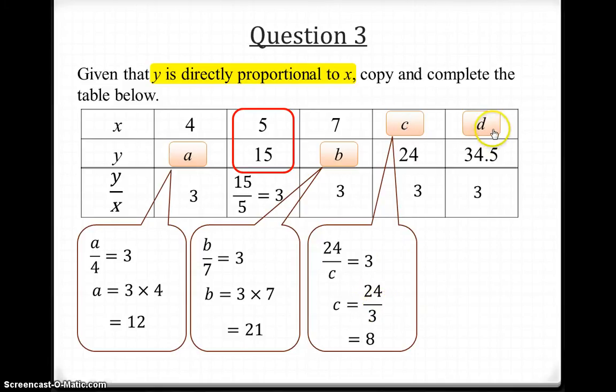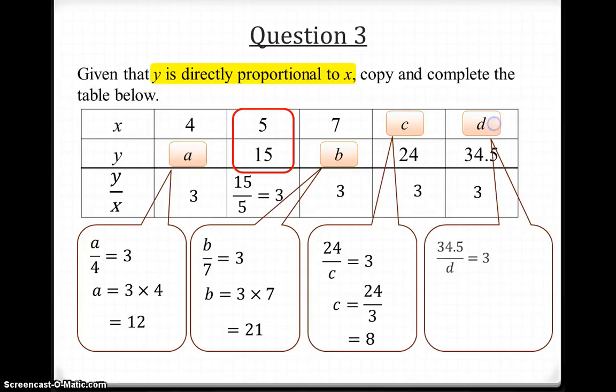I hope you can pause the video now and try to solve D on your own. Okay, I'll continue now. So D in this case will be equal to 11.5. I hope you have solved all the questions by yourself now.